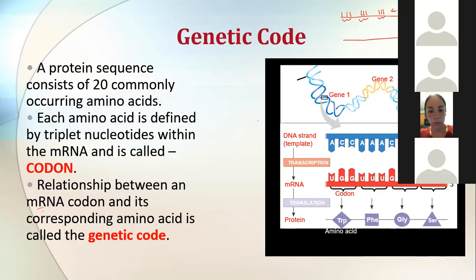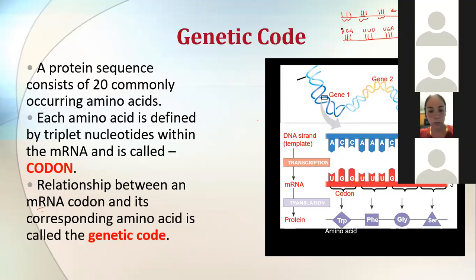On messenger RNA, this three-nucleotide base sequence, let's say this is adenine, cytosine, guanine. This is maybe uracil, uracil, uracil. Maybe uracil, guanine, and adenine.